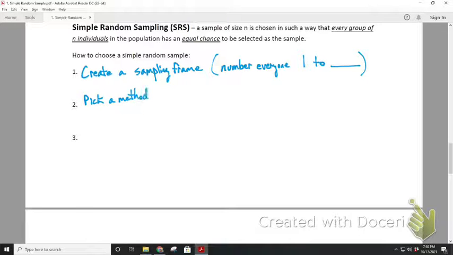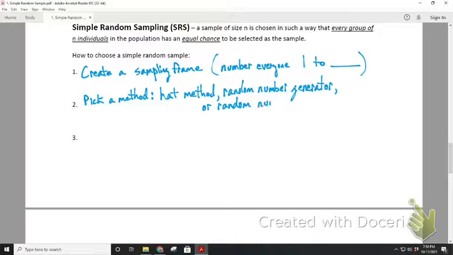There are many ways to do this, but I teach the hat method, random number generator, or random number table.